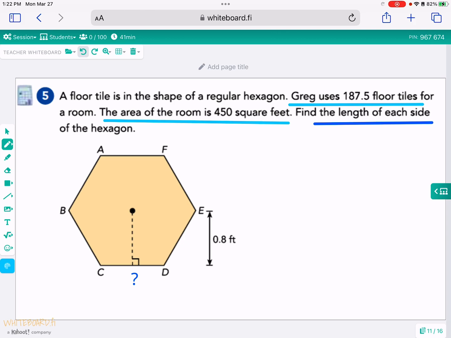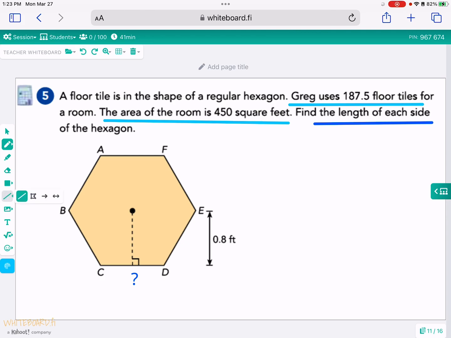So we're told that it's in the shape of a regular hexagon, and as you know, a regular polygon is one that has sides that are all equal to each other and angles that all measure the same, right? So this is a regular hexagon, and that means that there are 6 equal triangles formed by each side of the floor tile when the line is drawn to the middle.